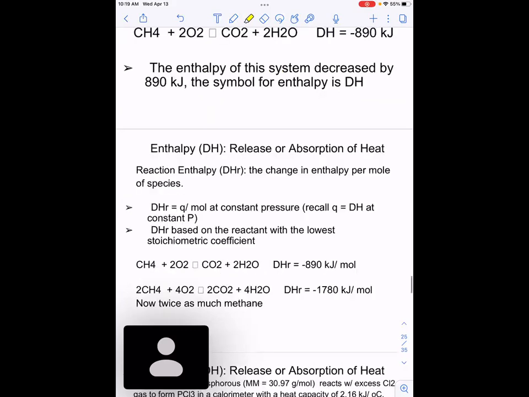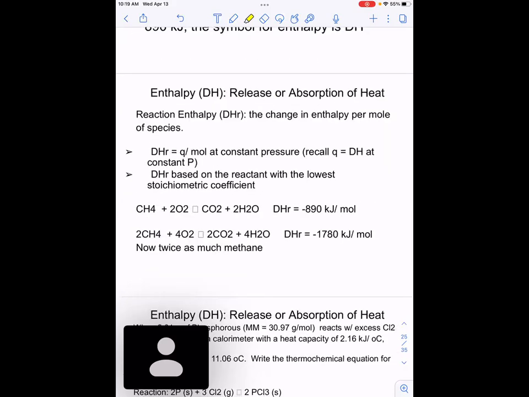Right? So when we talk about reaction enthalpy, it is defined as the change in enthalpy per mole of a species. So we can look specifically at a reactant in a reaction and determine what the enthalpy for the reaction is.